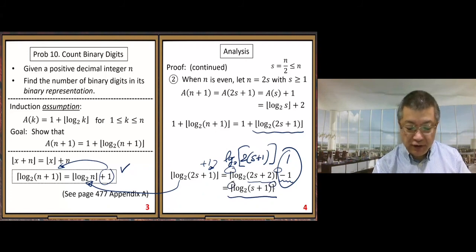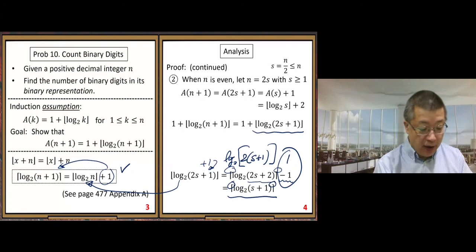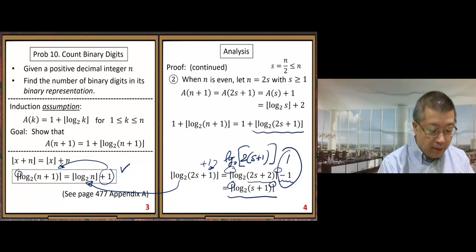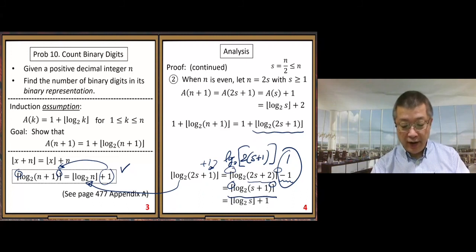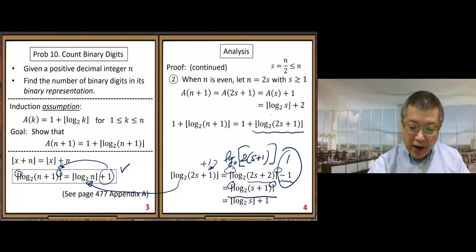But look at this form: the ceiling function. We need to use this formula another time for the ceiling function. That can be written in the floor function way, plus 1. But that is just this part.